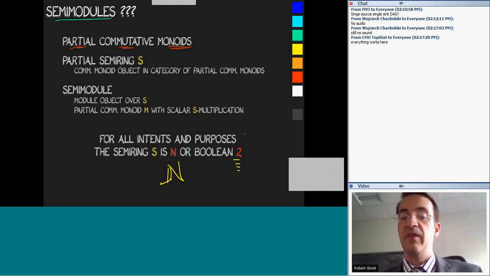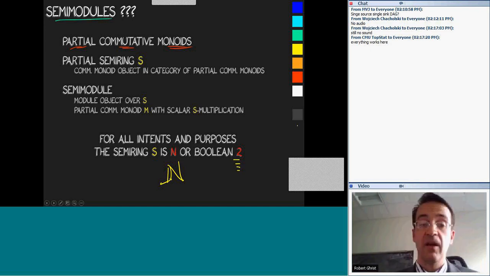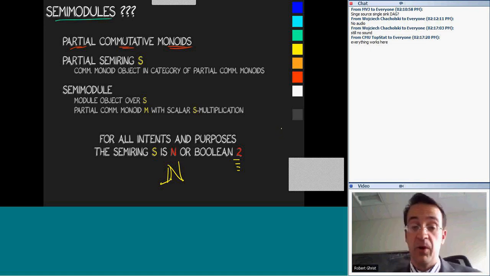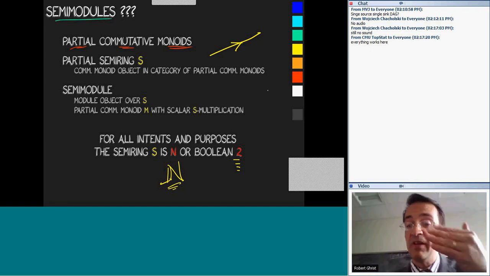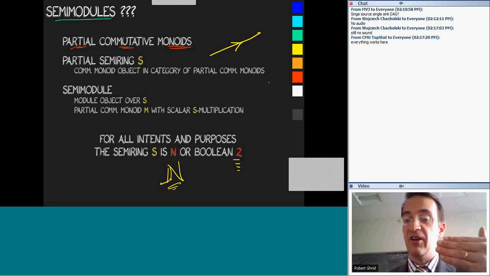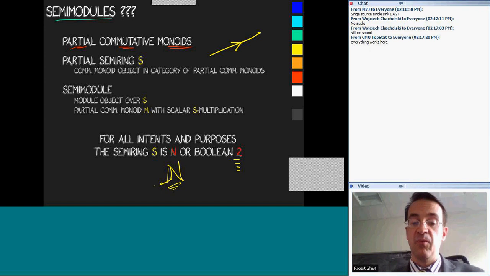Simple examples include where the semiring is Boolean, looking at, say, Boolean lattices over the semiring of true and false, but most of the time, it's just going to be the natural numbers. And the reason for that is that our graphs are all directed graphs. And this implicit notion of going forward, of orientation, leads to working with the naturals as opposed to the integers.